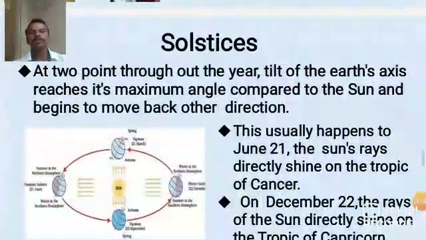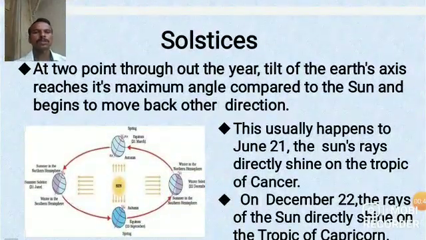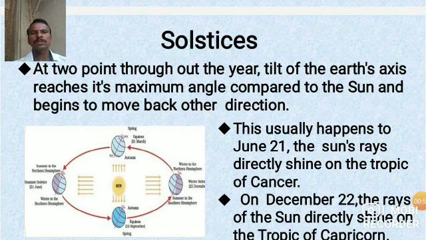Now, solstices. What is meant by solstice? At two points throughout the year, the tilt of the earth's axis reaches its maximum angle compared to the sun and begins to move back in the other direction.